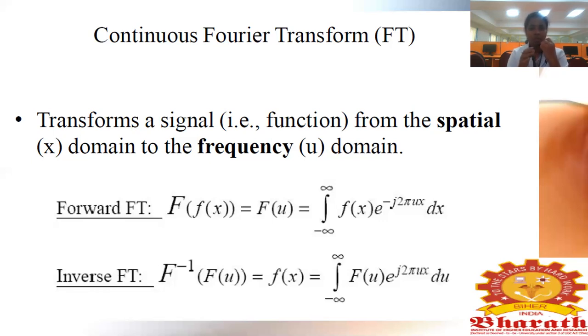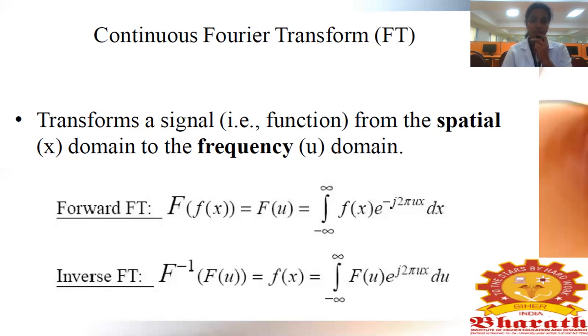Here, the equation I have represented is for the continuous Fourier transform: the integration from minus infinity to infinity of f of x e power minus j 2 pi ux dx. This is the equation for converting a function from spatial domain to frequency domain in the continuous Fourier transform.